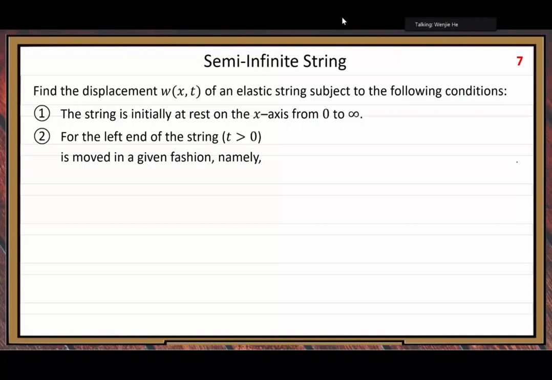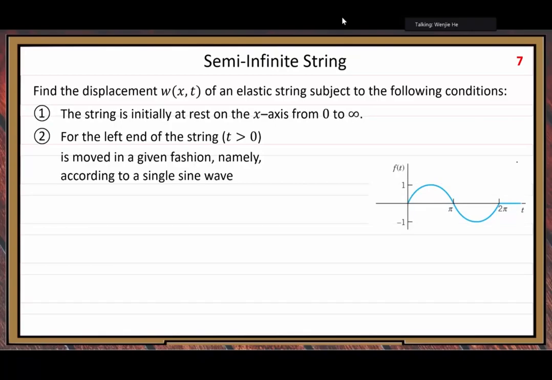So at 0, you should have a function of t, right? How does the string move at the left end? You should have a function, and it is a single sine wave. That's the left end function.